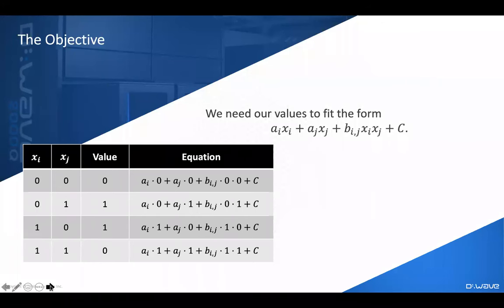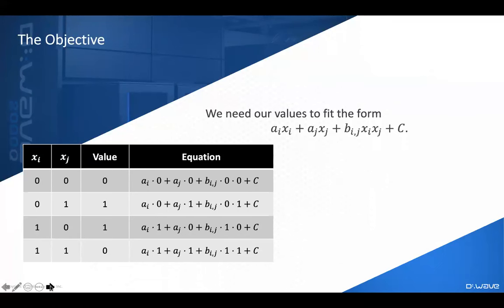The second term is some aj times xj, and then we have one coupler between them. That's the quadratic term. And remember I said it was called quadratic unconstrained binary optimization. You're not allowed to have xi divided by xj or anything like that. We are only allowed these terms, and then we have an overall constant as well, which we will talk about toward the end.